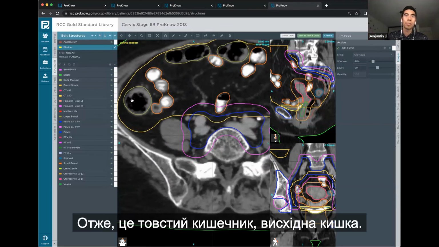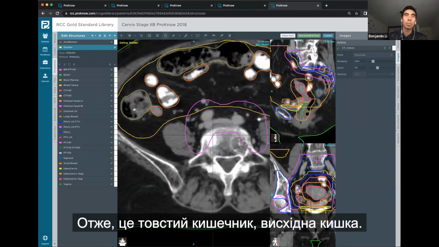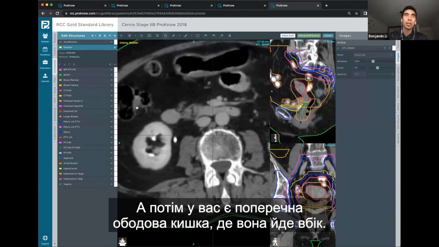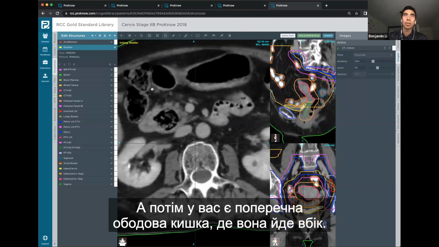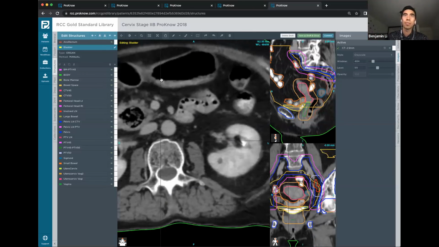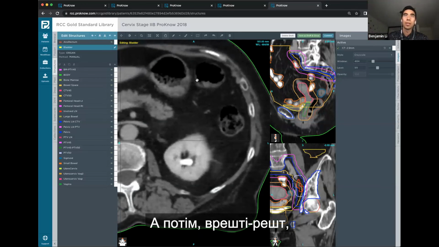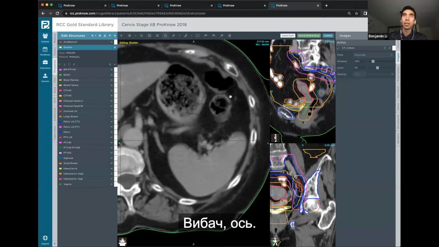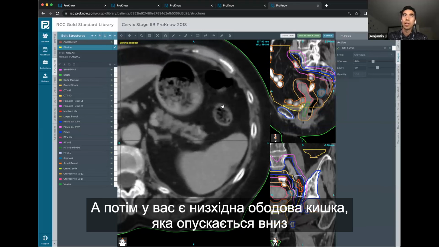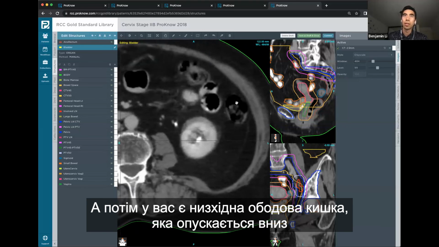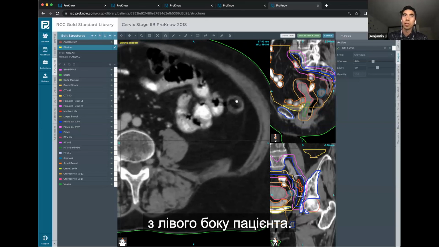So here's large bowel, the ascending colon, and then you have the transverse colon where it's going sideways, and then you have the descending colon, which is going down on the left side of the patient.